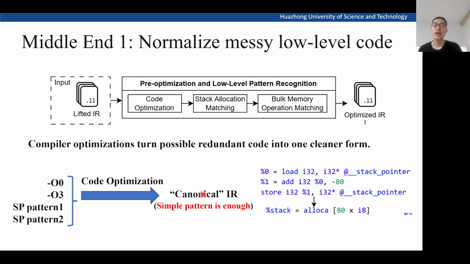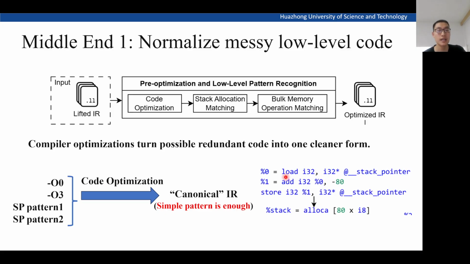In the middle end, we use compiler optimizations to transform that messy low-level code into a cleaner form. In binary low-level code, the instructions may be messy, and there are many possible combinations of calculations to do the same thing.